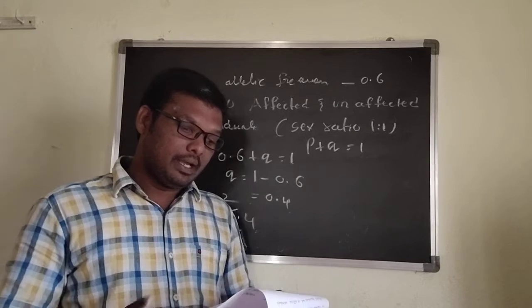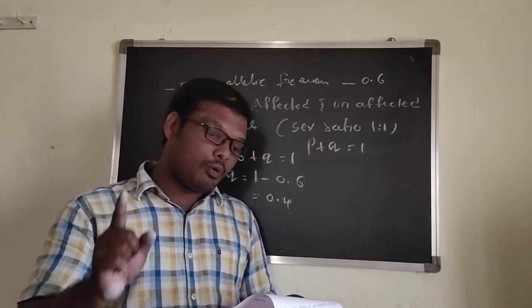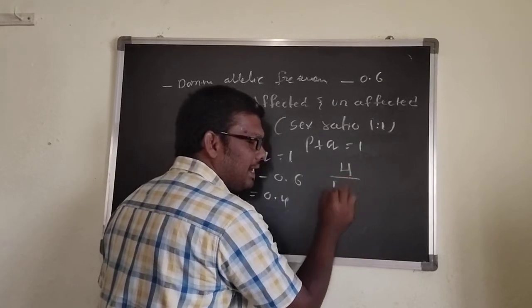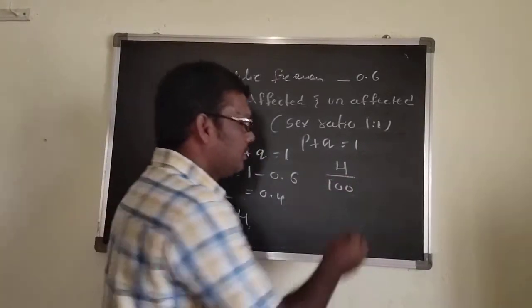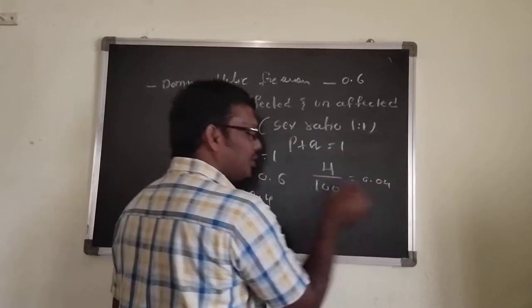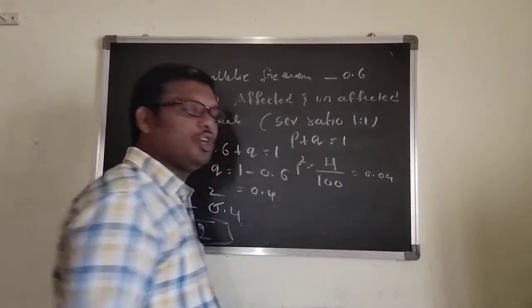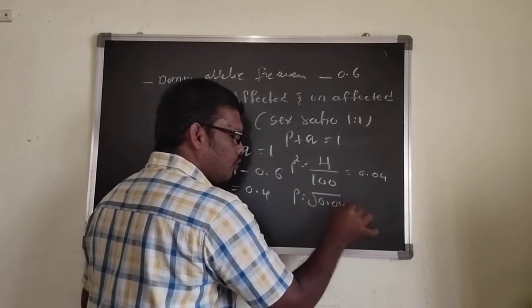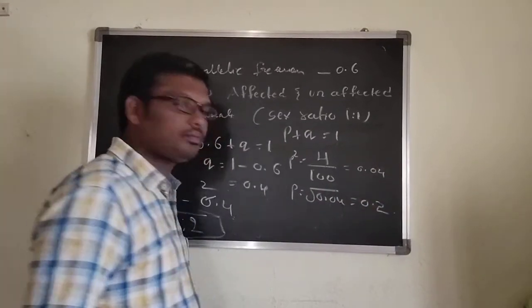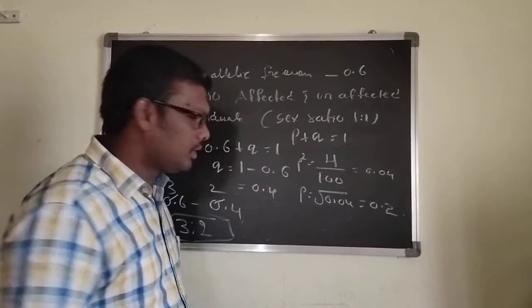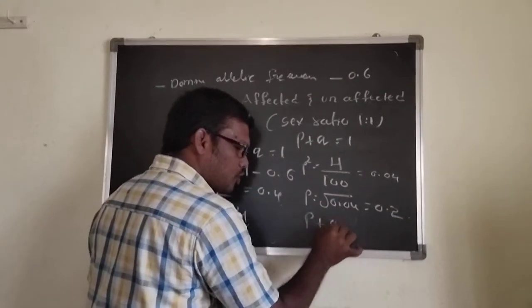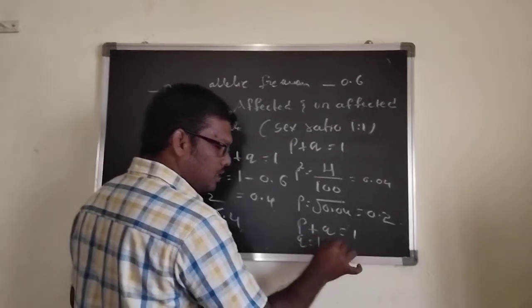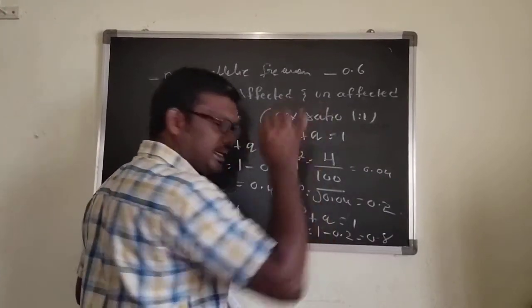It means 4% of human beings are born with sickle cell anemia, so 4 by 100, you get 0.04. That's why p square equals 0.04, p equals root of 0.04, you get 0.2. Okay. p plus q equals 1, now q equals 1 minus 0.2, you get 0.8.